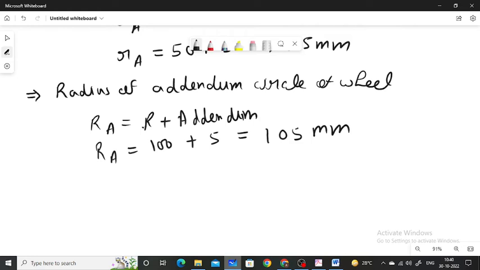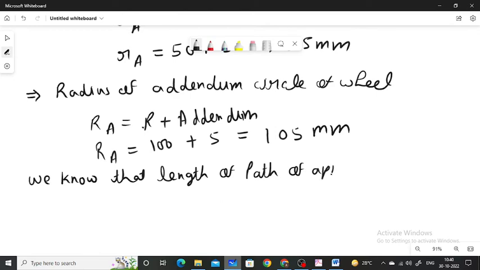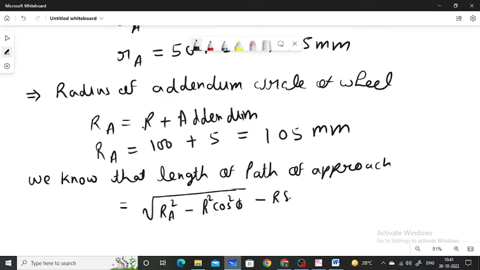We know that length of path of approach will be equal to the under root RA square minus R square cos square phi minus R sin phi.